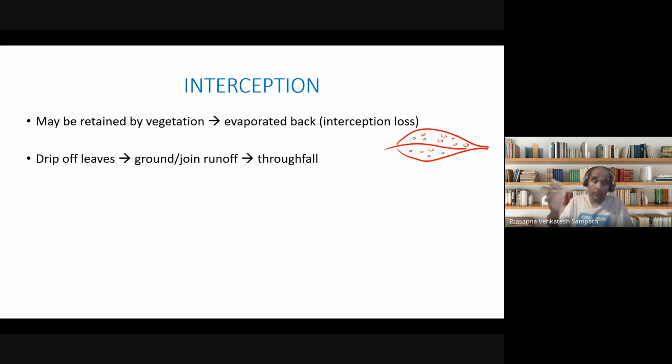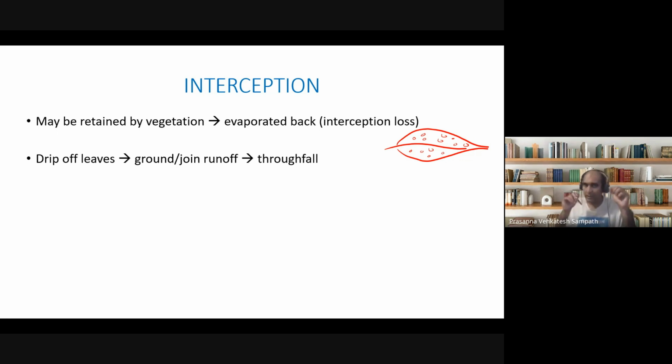Or generally, two or three small drops will join and become big drops, and when they become big, they become heavy. The leaf kind of droops down, and then the water drops just fall off. Now that process is called throughfall.